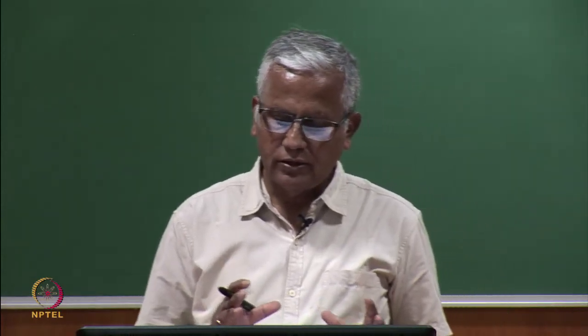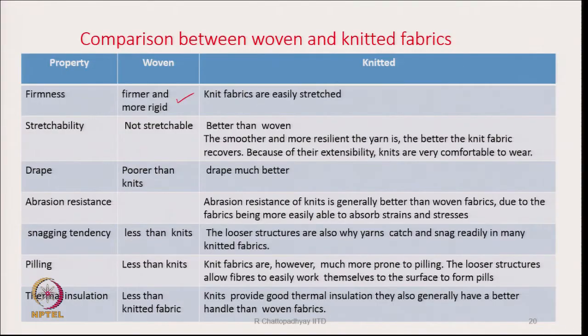If the yarns are stretchable, that is, if we use lycra yarns while making the fabric, then it is different. Otherwise, stretchability of woven construction will always be less than knitted constructions. Drape wise, woven is poorer than knits, where knitted products are better in terms of drape.